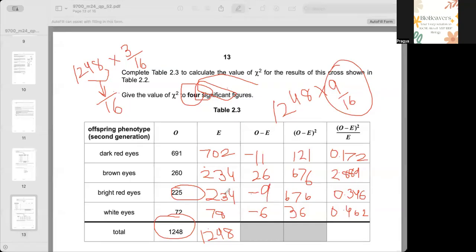If you have a look at each of these values very carefully. Okay. Make sure the mistake which I did, you do not do that, because the O minus E values will be different. The E values will be the same. So when we are looking at the square values, they change too.